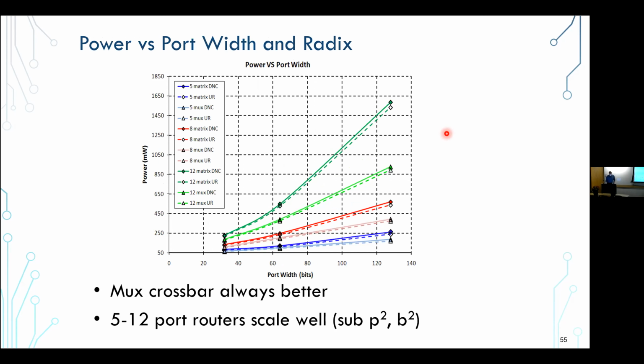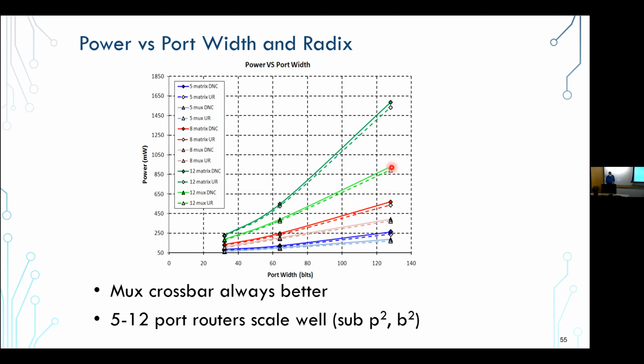Then power per port. Basically here we're also showing different types of traffic patterns. So you can see that there's some variation depending on whether you're running uniform random or some other traffic pattern in the system.